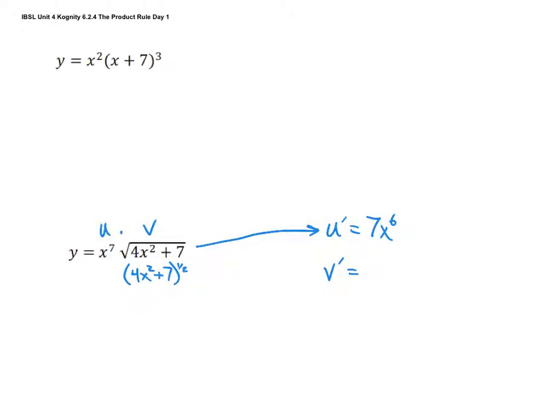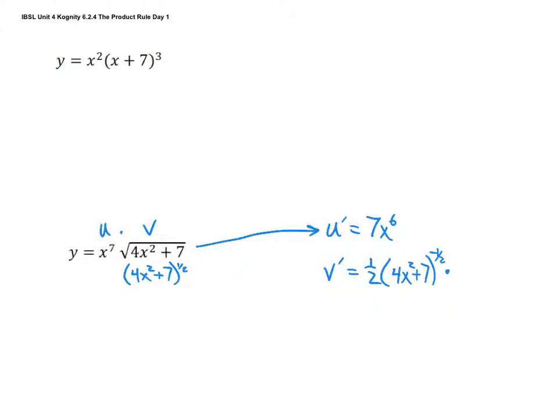Okay, it actually does because we do 1/2 times 4x squared plus 7 to the negative 1/2. There's the outer function. The derivative of something to the half is 1/2 something to the negative half. So it's 1 over 2 times 1. And then we got to multiply by the derivative of the inside. We're doing the chain rule.